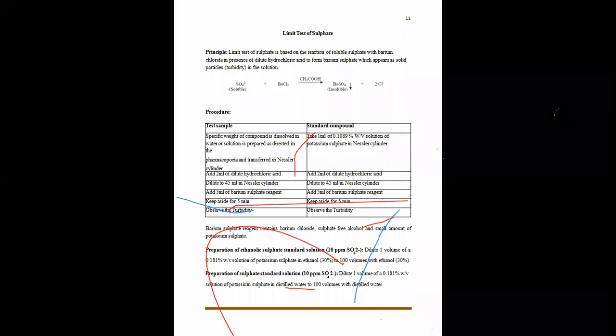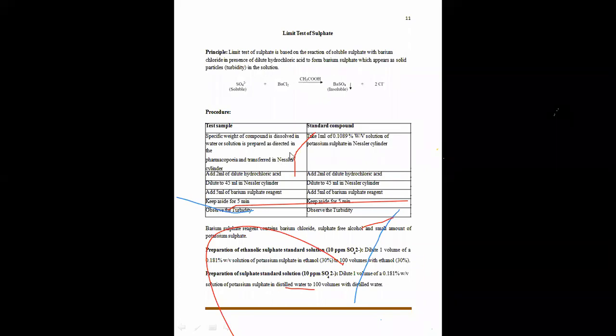There will be formation of barium sulfate as a turbid solution, and there is release of chloride ions. See, here there is a mistake. Actually, instead of acetic acid, there is hydrochloric acid.